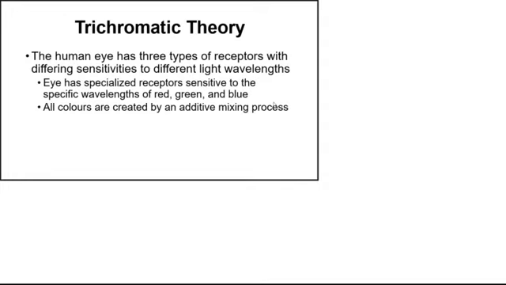Kind of like we just saw in our additive color mixing model, where some kind of interaction of red on one extreme, blue on the other extreme, and green in the middle should get us everything between white and black and all the colors in between. So all of the colors that we perceive would be made by an additive mixing process.